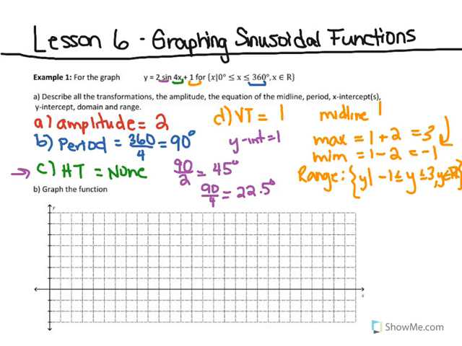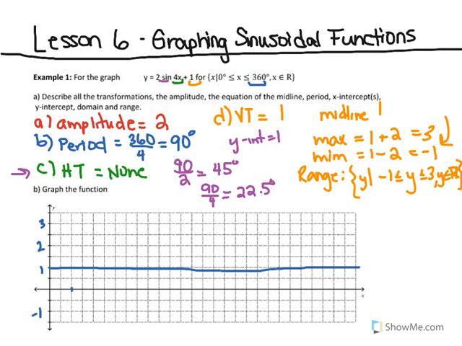So the first thing that we're going to do is we're going to graph our midline. And we're going to go every 2 is going to be worth 1. So our midline is right here. You can draw it in lightly just so that we remember where the middle of our graph is. Now we're going to draw in our units. So because we're working with 90 degrees, a good number to go up by is going to be 30.